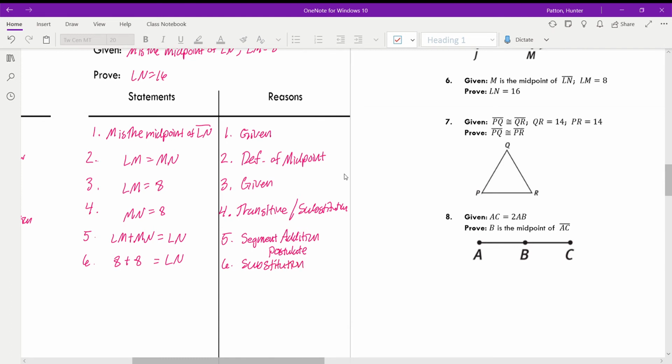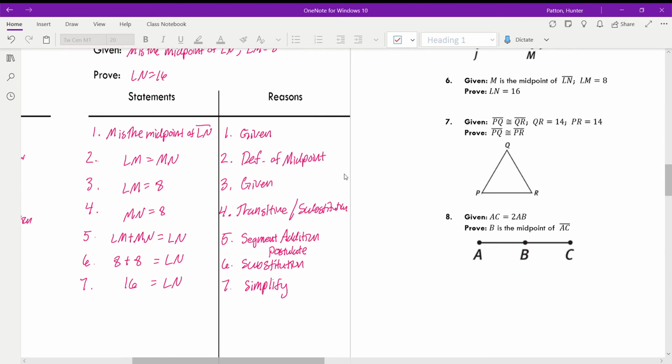Now let's just clean up this left side. 16 equals LN, which is almost what we want to show, right? This is just simplify. Now, in hindsight, I probably should have written statement 5 as LN equals LM plus MN. However, it's fine.